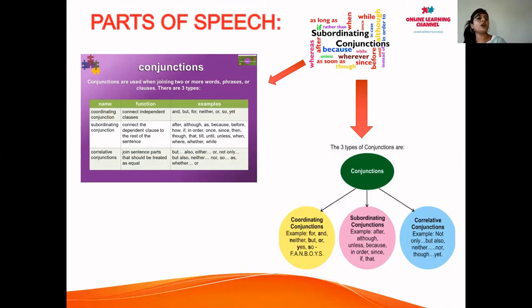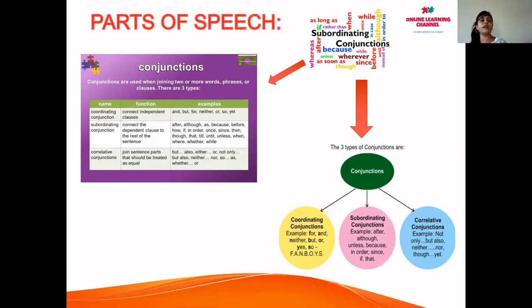First of all, the coordinating conjunction, which connects independent clauses, and I have examples for you: and, but, for, nor, or, so, yet. You've got the subordinating conjunction, which connects the dependent clause to the rest of the sentence. And you have your examples: after, although, because, before, and so on.